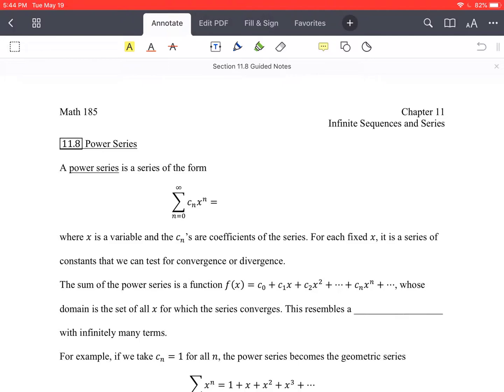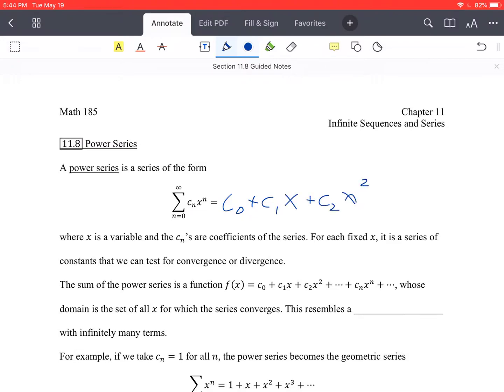So a power series is a series of the form sum of c sub n times x to the n, with n going from 0 to infinity. This would look like c sub 0 plus c1 x to the first plus c2 x squared plus c3 x cubed, etc. And it is an infinite series, where x is a variable and the c sub n's are coefficients of the series.